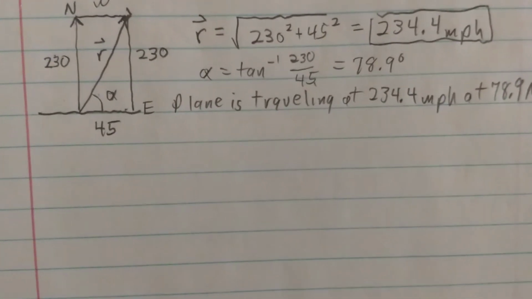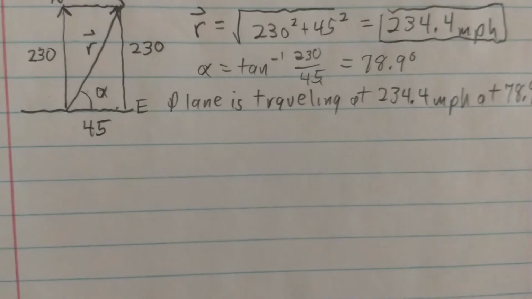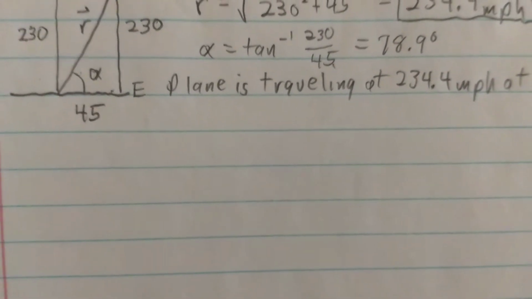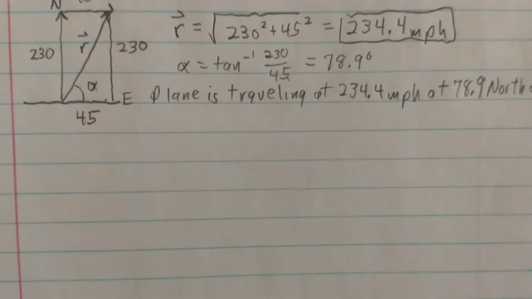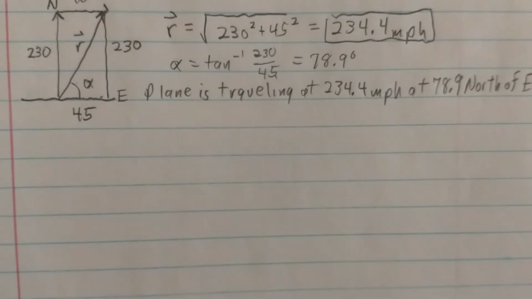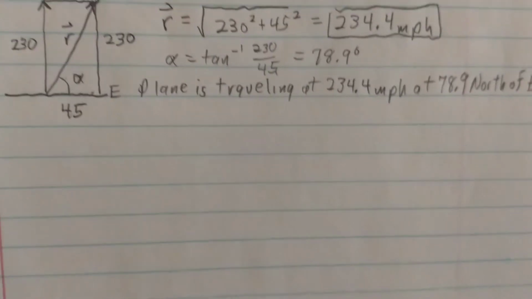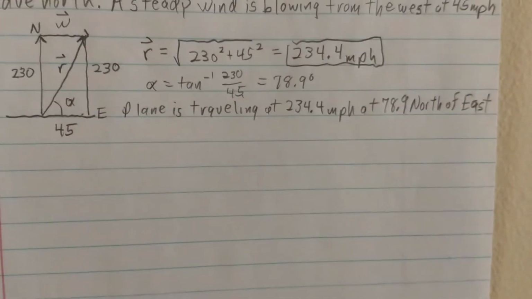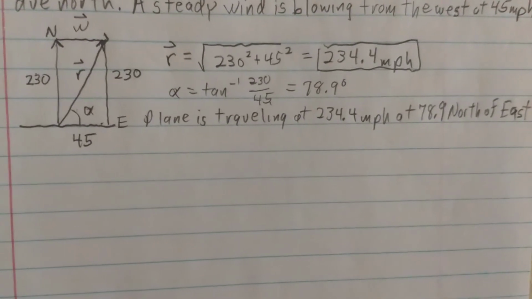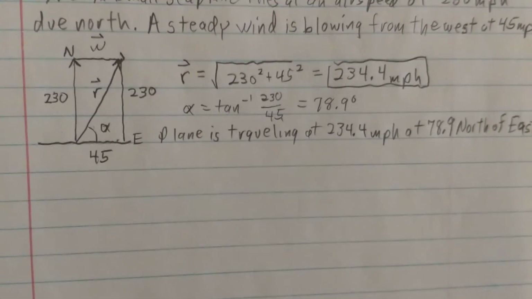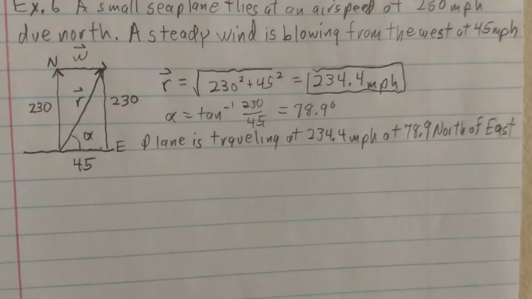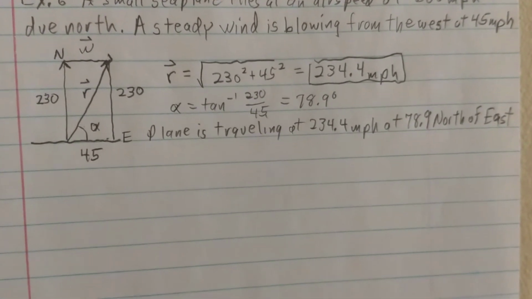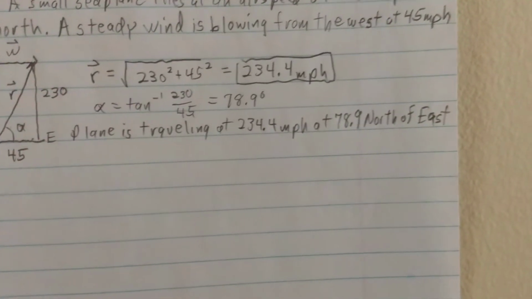So alpha is equal to the tangent inverse of 230 over 45, approximately 78.9. So the plane is traveling at 234.4 miles per hour at 78.9 degrees north of east. So I'm going up from the x-axis 78.9, which is in the north direction, from east to the right.